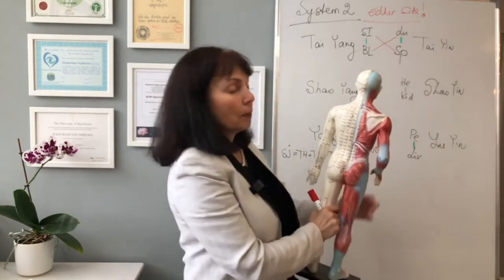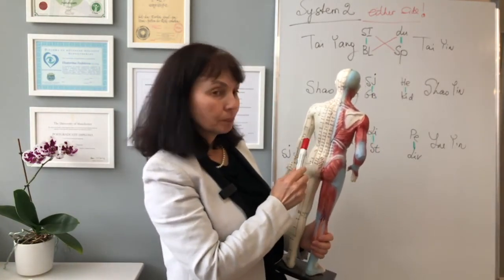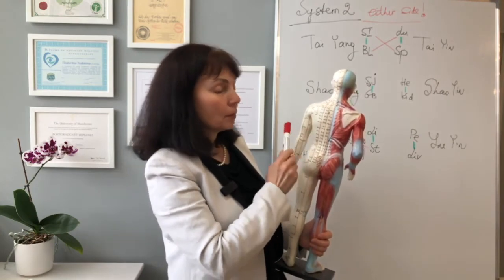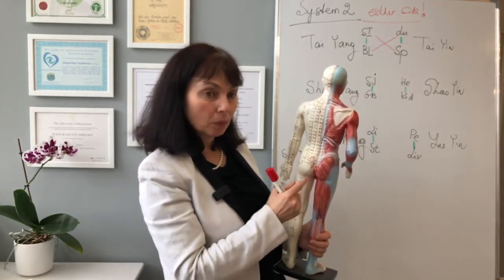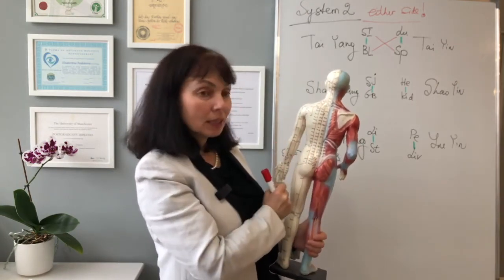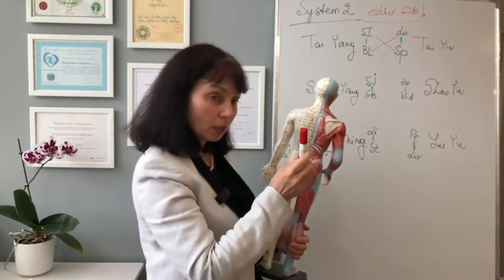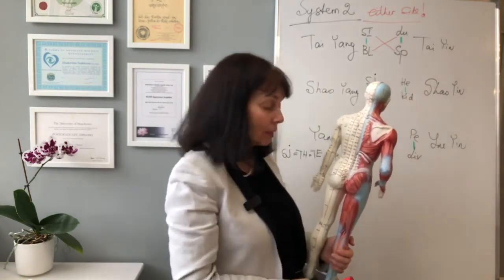So, for the pain in the sacrum, on the bladder meridian, how will we treat it? Step number 1, we found a sick meridian, bladder. Step number 2, according to system 2, for example, we've chosen system 2. System 1 will work as well.